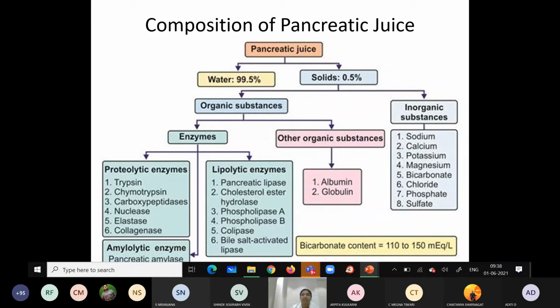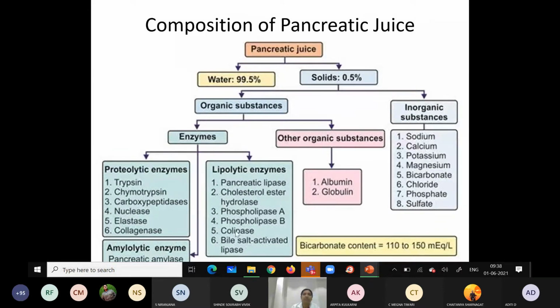The first is its alkalinity, second is its lipolytic enzymes, exclusively lipolytic enzymes, because the maximum amount of fat digestion takes place along with bile juice, right? If you remember, the common bile duct and the pancreatic duct drain combined together, and the secretion that comes out into the ampulla of Vater is the one which helps in the digestion of lipids.